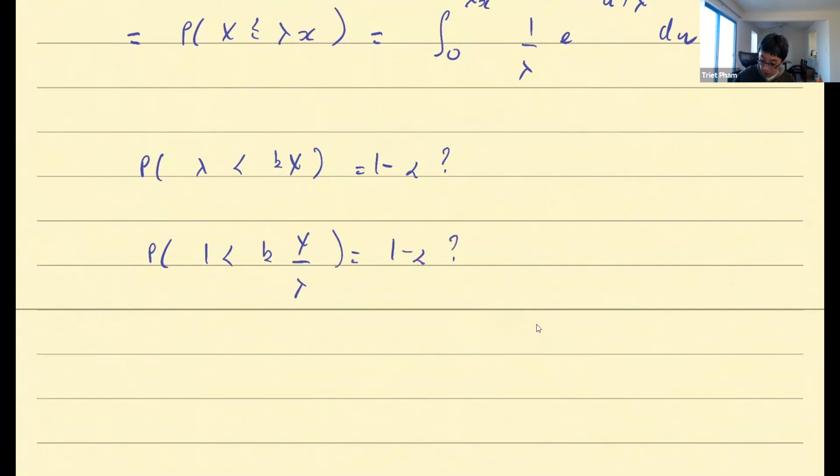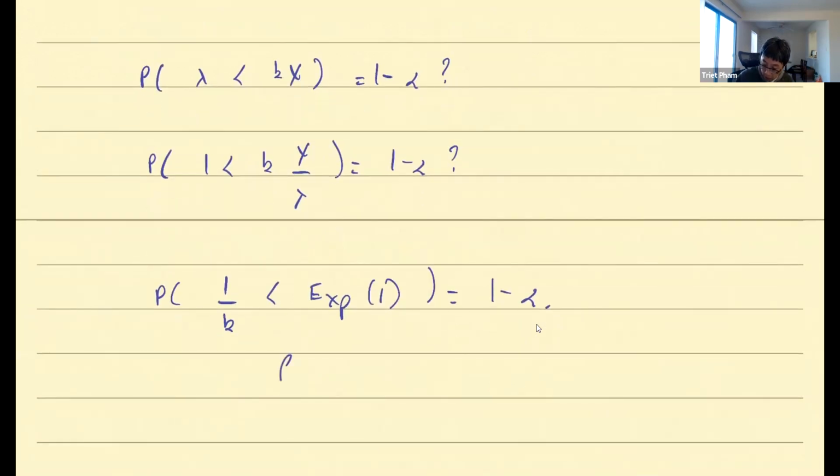And x over lambda has an exponential 1 distribution. So ultimately, you do this. And there you go. That would be the integral from 1k to infinity of e to minus x dx equals 1 minus alpha, and solve for k. Is that okay?